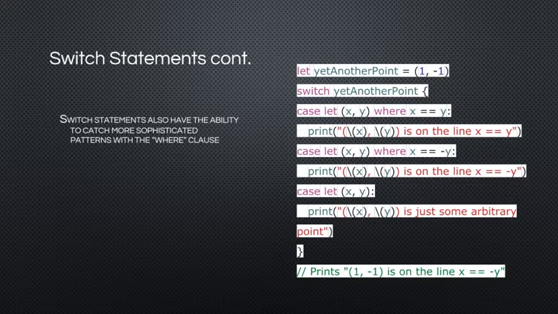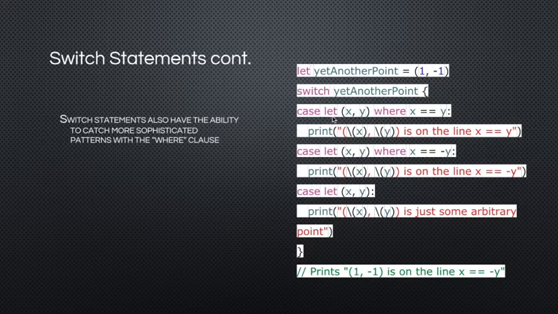This is also pretty interesting. They have something called a where clause in Swift, which adds an extra layer of specificity to whatever case you want to catch with your switch statement.